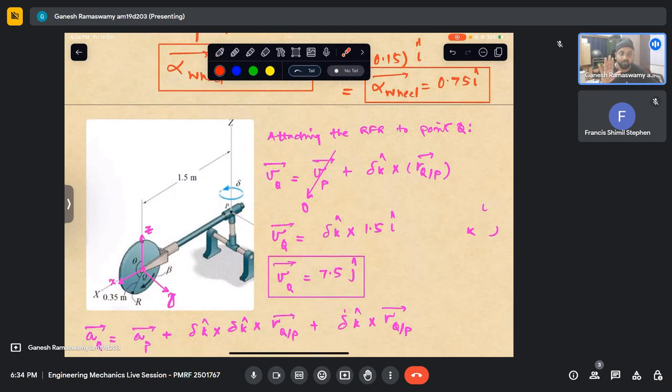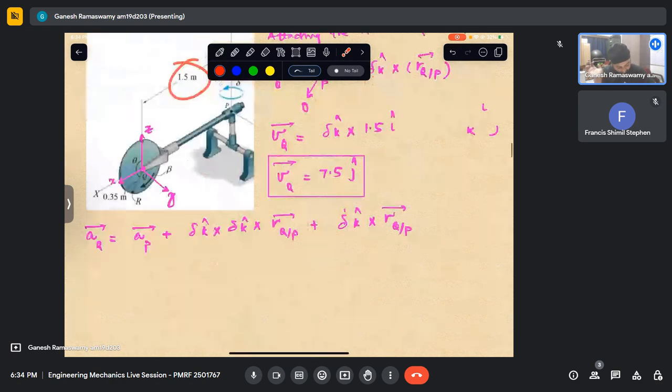This is not changing. So there will be no tangential acceleration to the coordinate. There will only be a centripetal acceleration by virtue of rotating in a circle of radius 1.5 meters. So this clearly goes to 0.